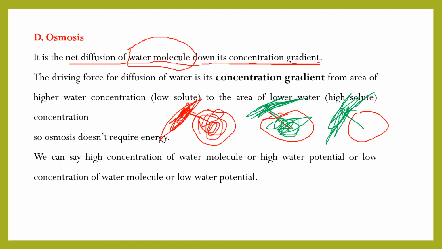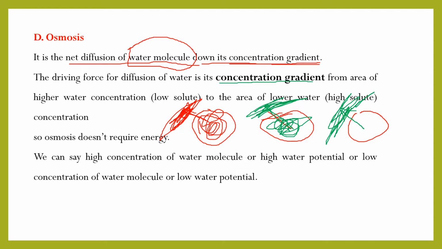The driving force for diffusion of water, or for osmosis, is the concentration gradient of the water between two adjacent areas. Always the water molecules are diffused from their high water concentration, or low salt amount, to the areas of low water concentration, or into the hypertonic solution.